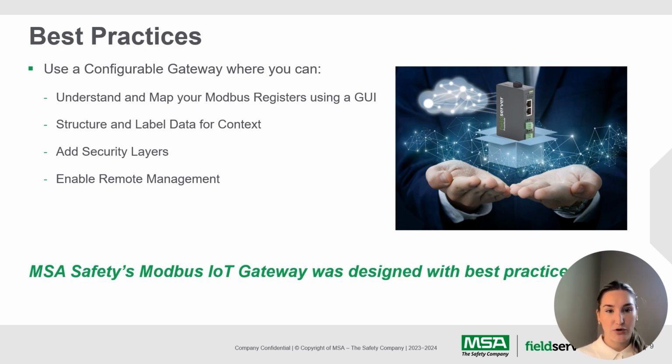But it's not just about protocols. The gateway should also be easy to configure, ideally with a web interface and a low-code environment. Even some pre-built templates for popular Modbus devices can save hours of manual work.